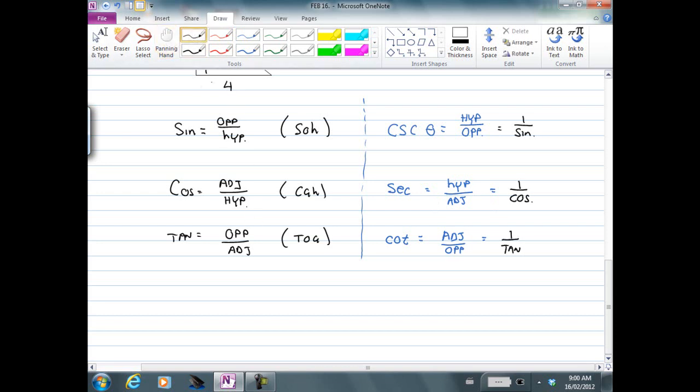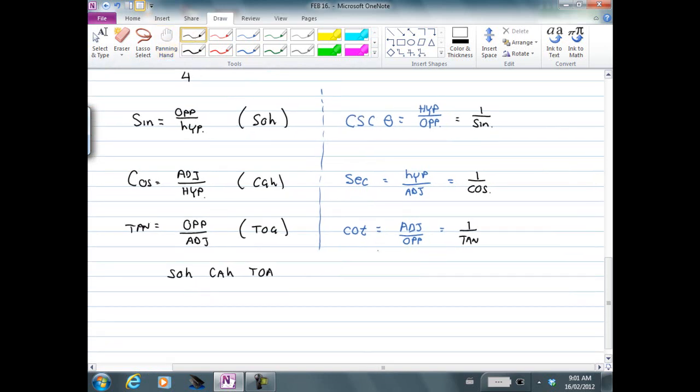This is SOHCAHTOA. I'm going to teach you a Chinese word today. You're going to learn Chinese from me today. This is known as cho sha cow. Seriously, it's a Chinese word. What does that mean? I don't know, I just made it up.